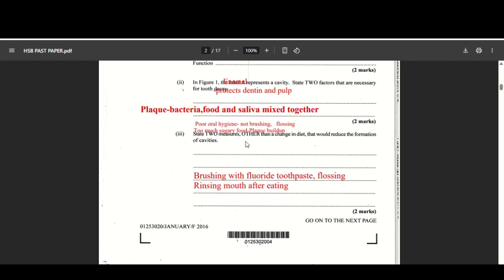Also try rinsing your mouth after eating, so that food doesn't get stuck in your teeth. You have to rinse your mouth to get rid of the excess food, and flossing does help too, as does using fluoride toothpaste specifically.